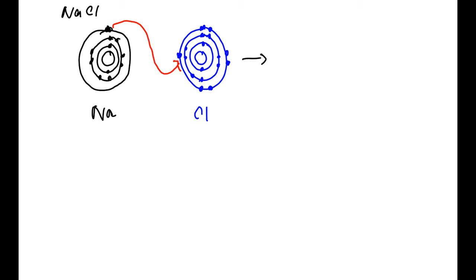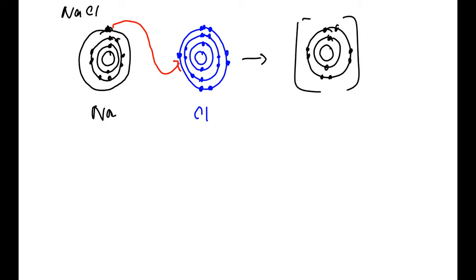So you end up with sodium with a +1 charge, and you have chlorine with a -1 charge because it gained that negative electron.